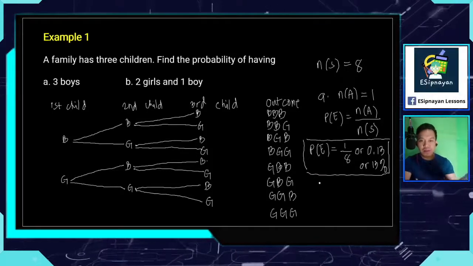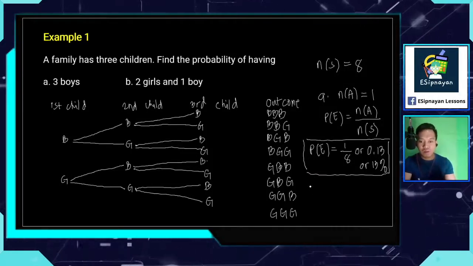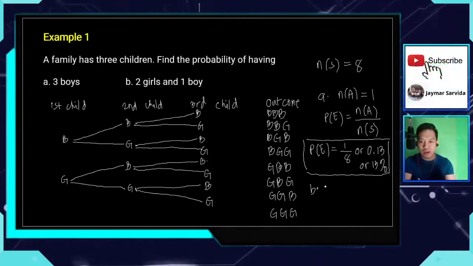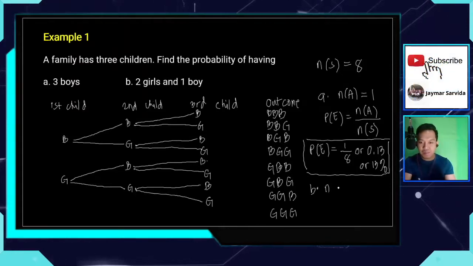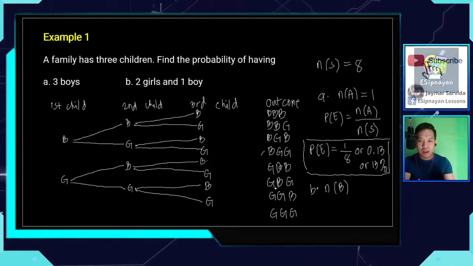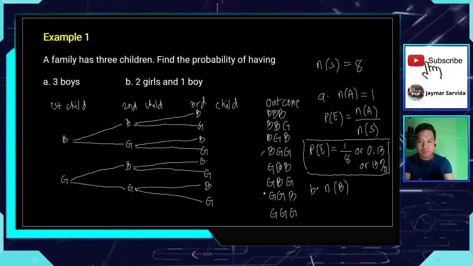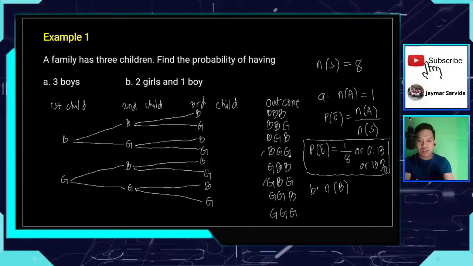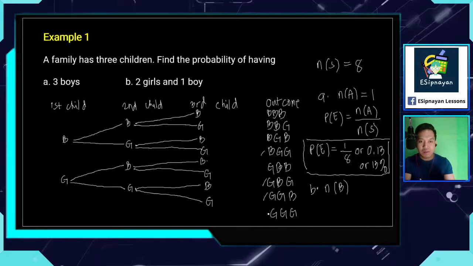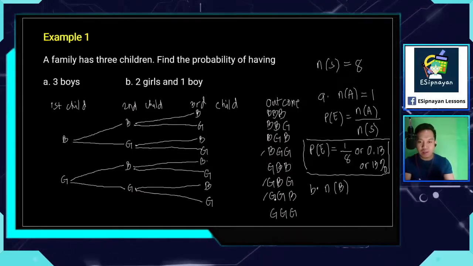Then, for letter B naman, having 2 girls and 1 boy. So, for letter B, yung ating N of A dito is N of B. The number of favorable outcomes in the event B is having two girls and one boy.